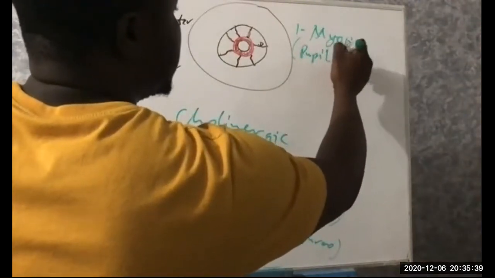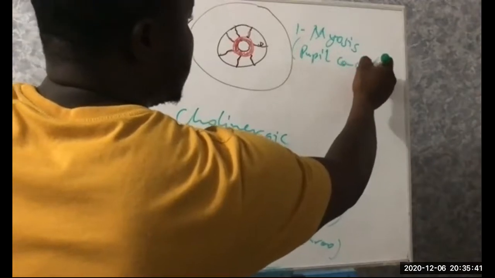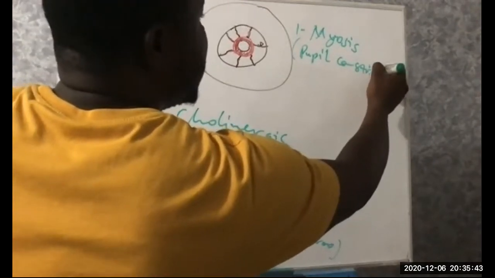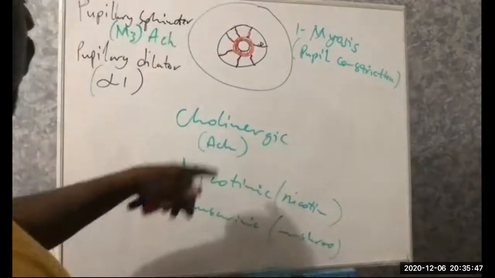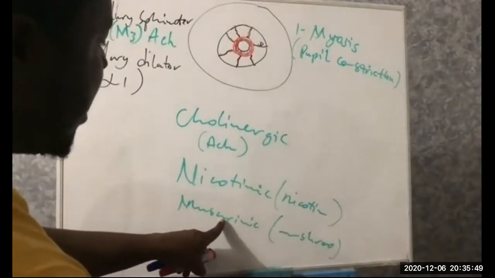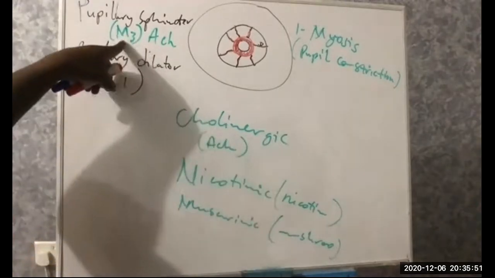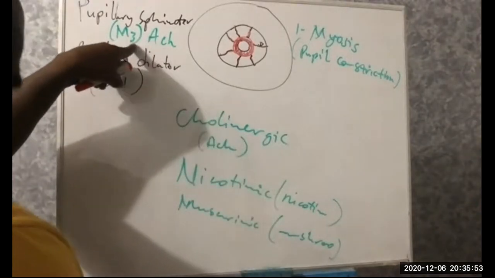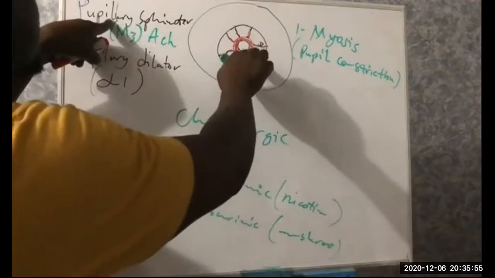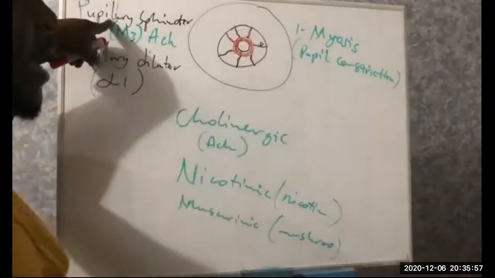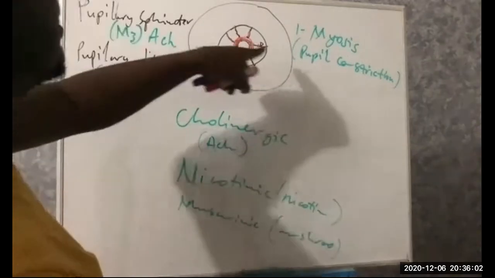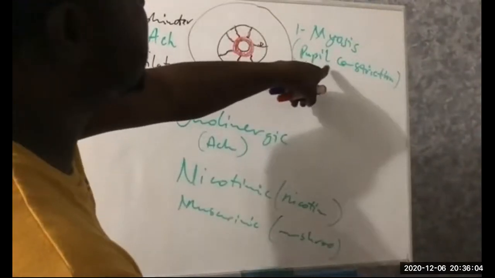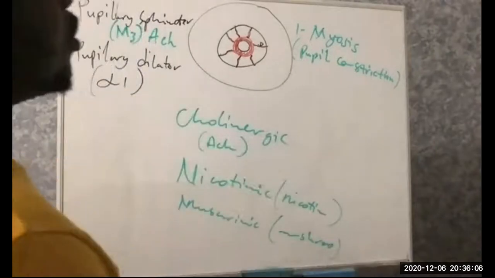Pupil constriction. Okay, so because the person ate a lot of mushroom containing muscarine, those muscarine were able to stimulate that M3 receptor found on the pupillary sphincter here. Okay, and that is the reason why it is causing what? Meiosis. Meiosis is the same as pupillary constriction.